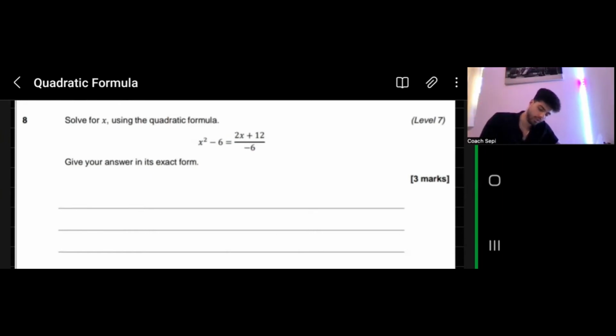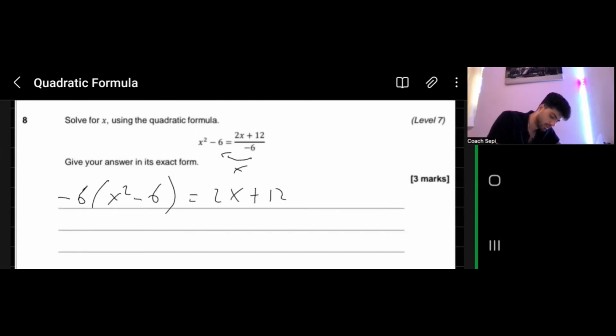So, first, we multiply the minus 6 to this side. So we'll have minus 6 bracket x squared minus 6 equals 2x plus 12.